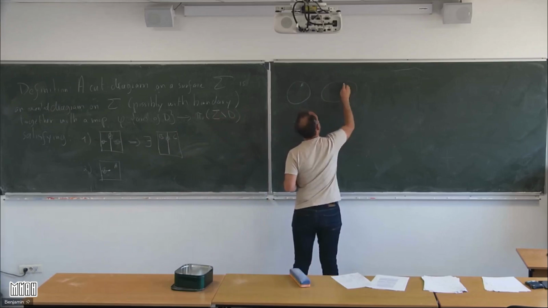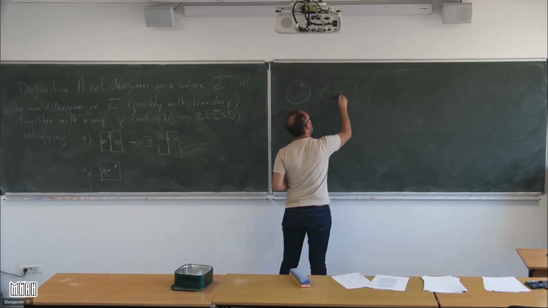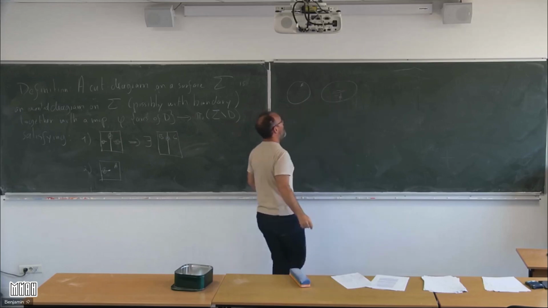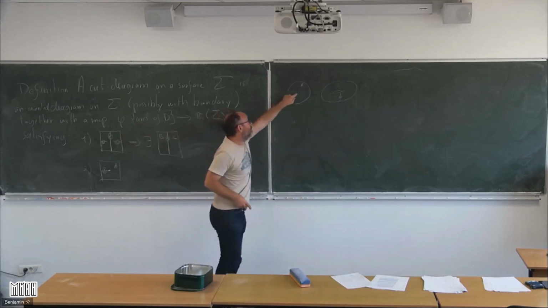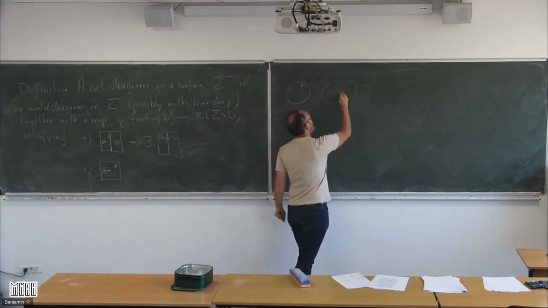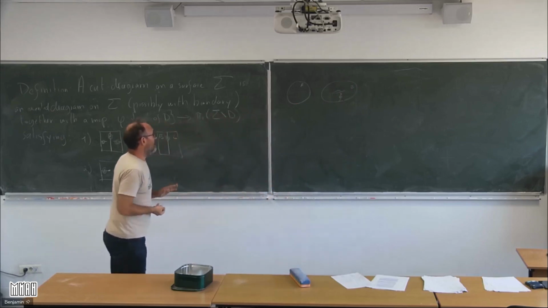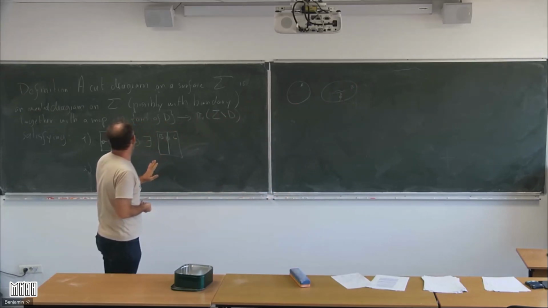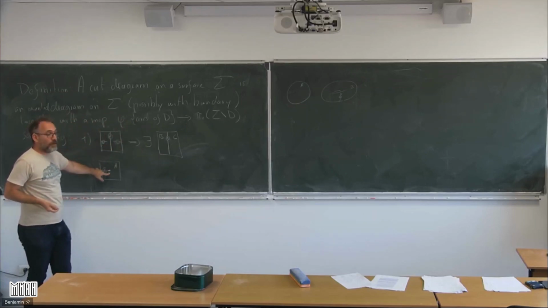And I have another connected component, which is a torus, with just one circle, which is labeled by A, oriented as you want. And here you have just one region B. This is an honest cut diagram because I have no crossing. So the first condition is obviously satisfied, and I have no endpoint.